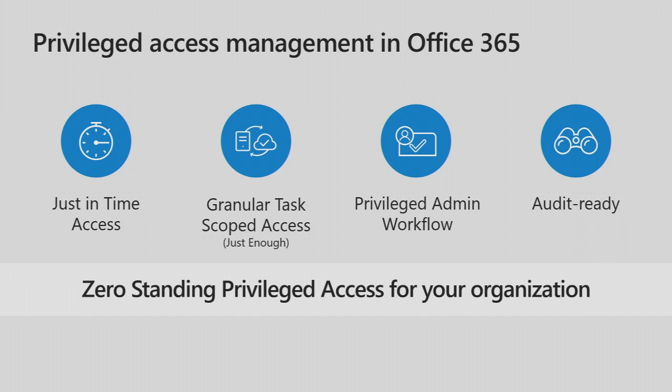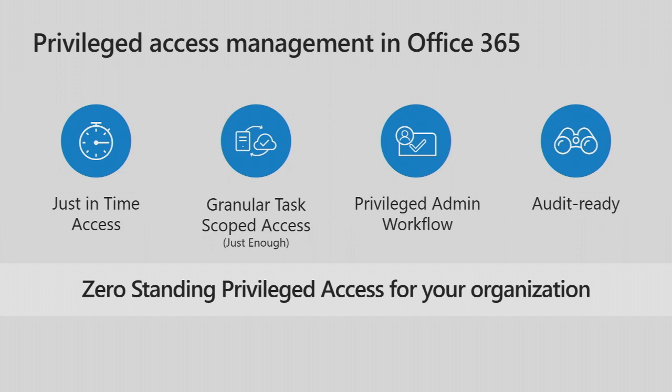So privileged access management in Office 365 provides you with just-in-time access. So access only when you need it and not beyond. It is time-scoped. So if you need access for 4 hours, you get approved for 4 hours. After 4 hours, the access will go away again. Granular task-scoped access, so the concept of JEA, just enough access.